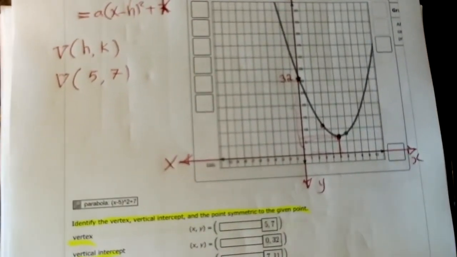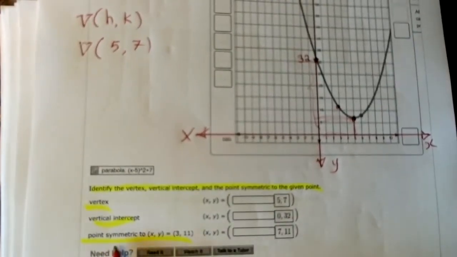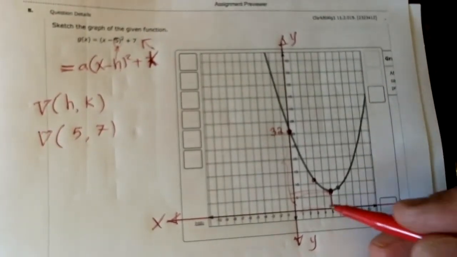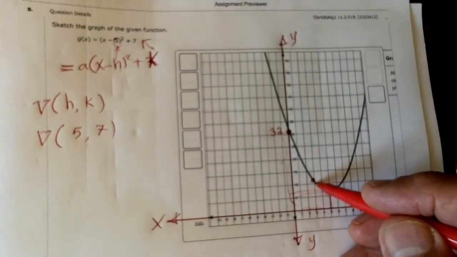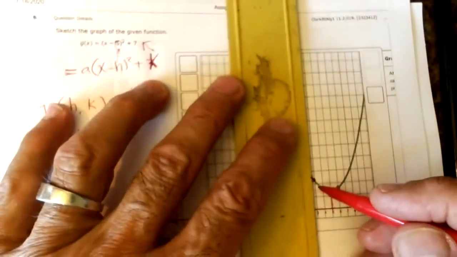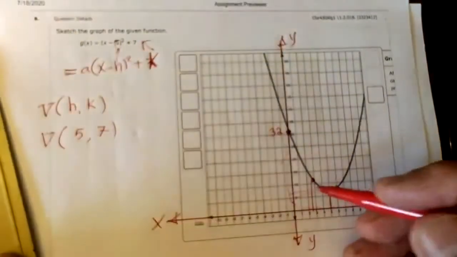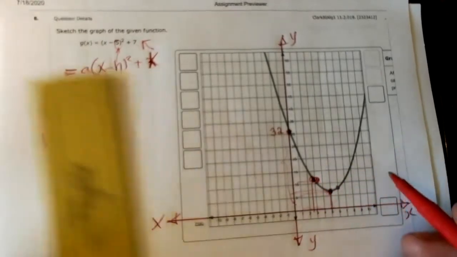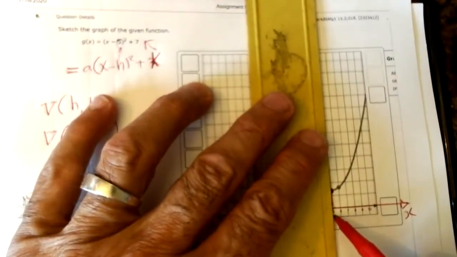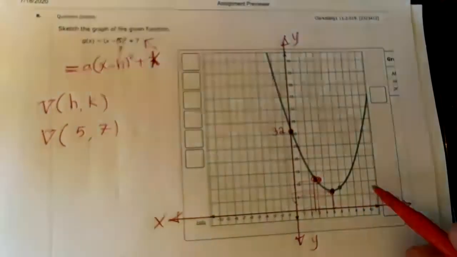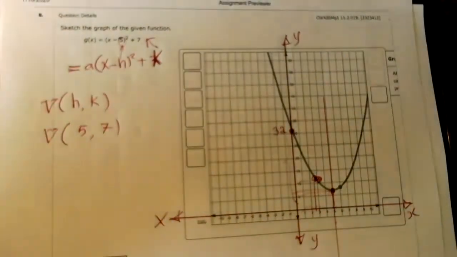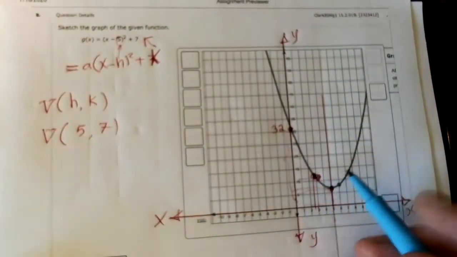Now, find the point symmetric to 3 and 11. Where is this point 3 and 11? X is 3 and y is 11, so it's like here. This is the point. What is the symmetric to this? Well, this is the line of symmetry, which is always a vertical line, right? So if you want to find the symmetric point, you go across this way.